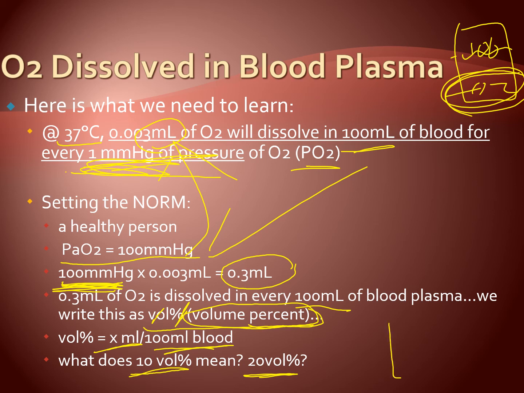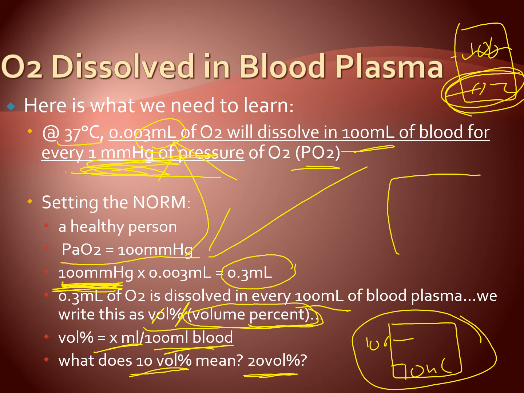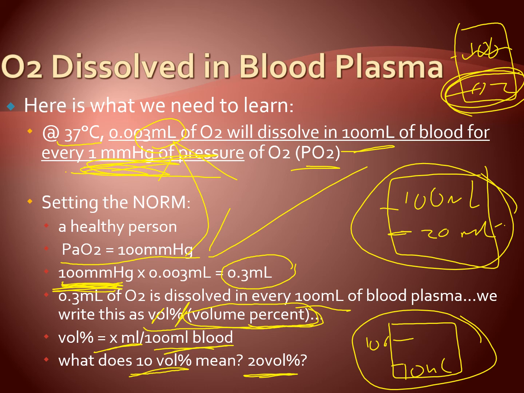If I draw a 100 ml sample, 10 volumes percent would mean I have 10 milliliters of oxygen hanging around in that 100 milliliter sample. If I have another 100 ml sample of blood and I have 20 volumes percent, that means I have 20 milliliters of oxygen hanging out in this beaker of a 100 ml sample.